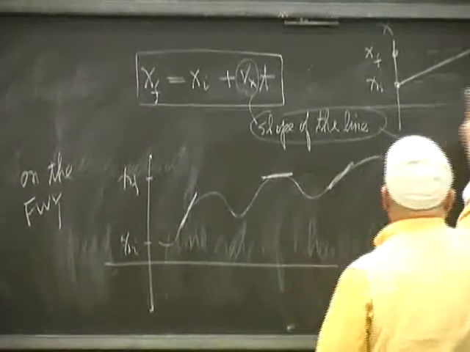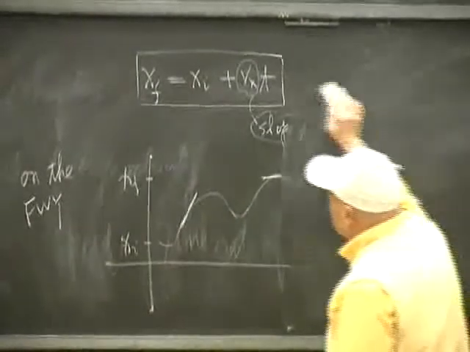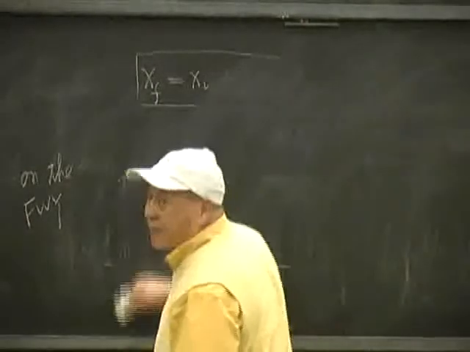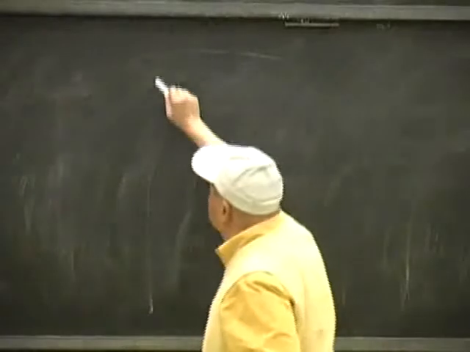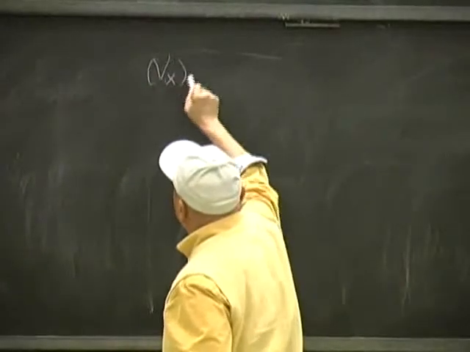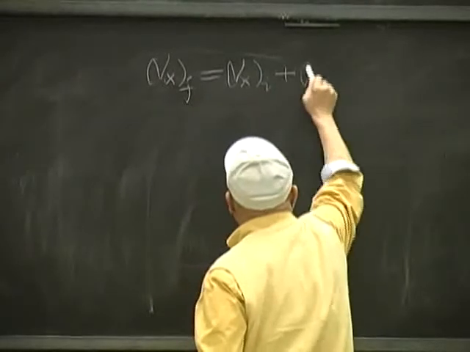So we study the equations, study the statement. An equation is a statement of a relationship. The statement of the relationship is v sub x f equal to v sub x i plus a sub x t.